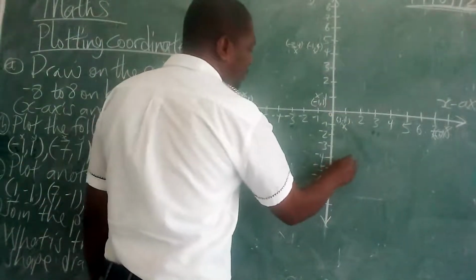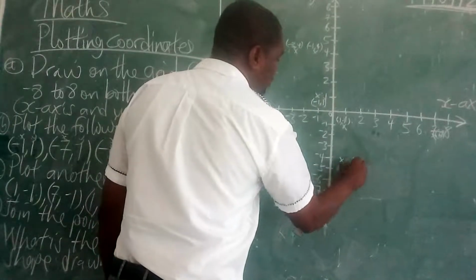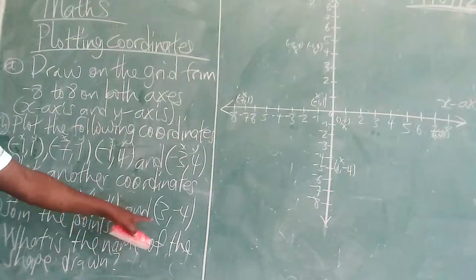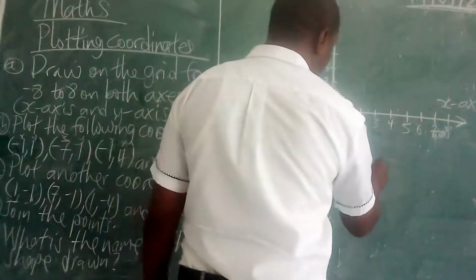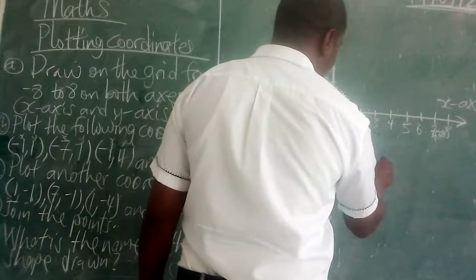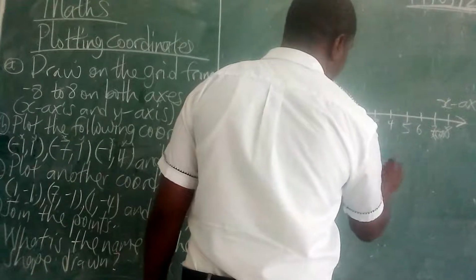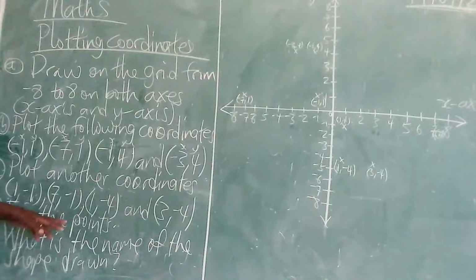So it will be here. And then the last one is what? (+3, -4). So it will be here.